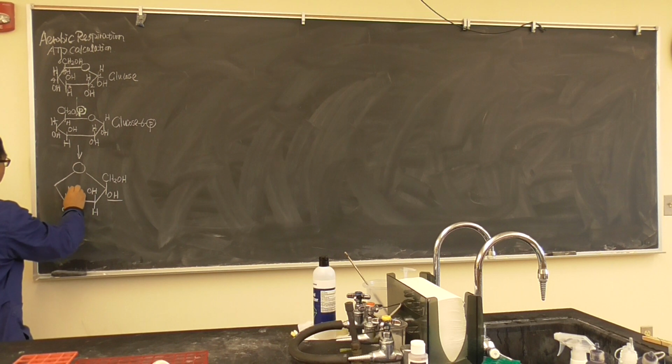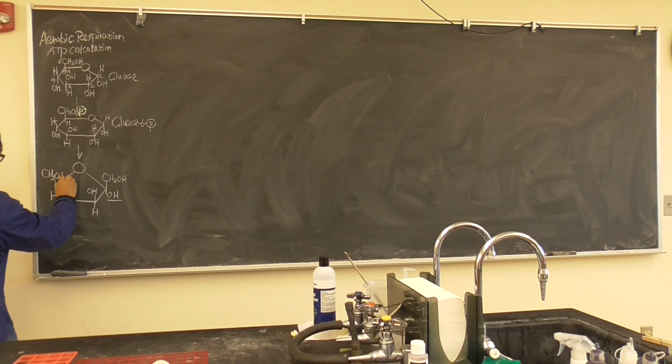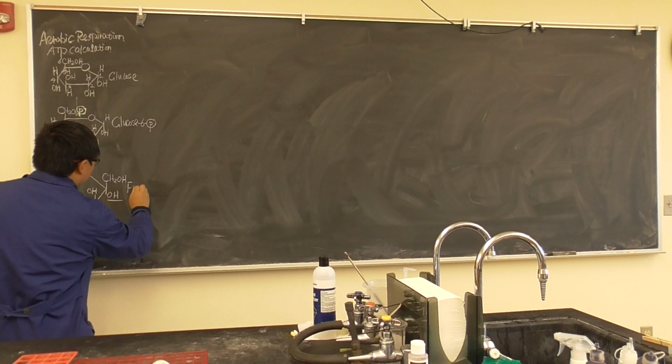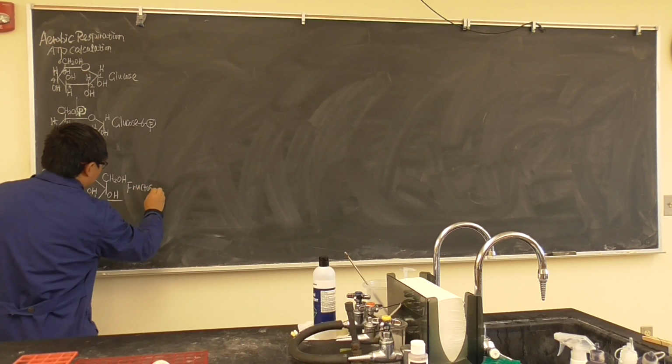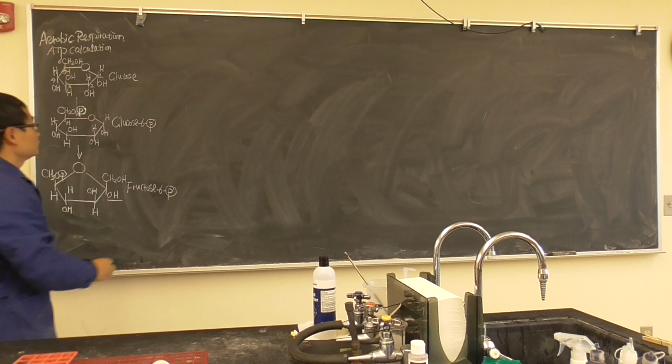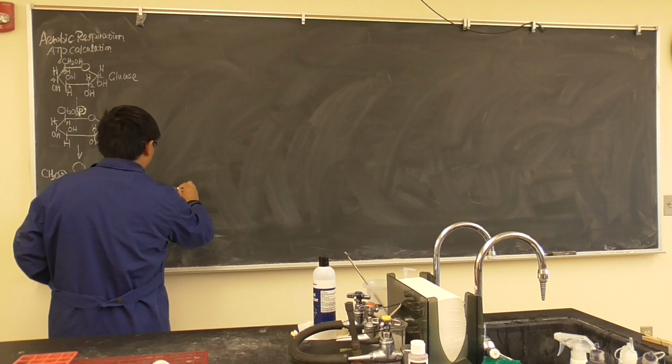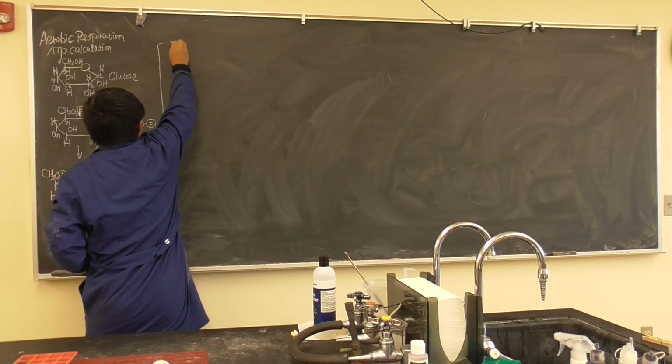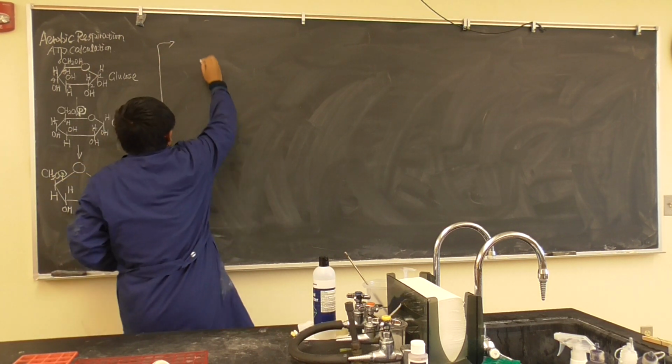So I won't be picky in the exam about which direction you go. CH2O, this will be our phosphate. So what is this? This is fructose 6-phosphate.